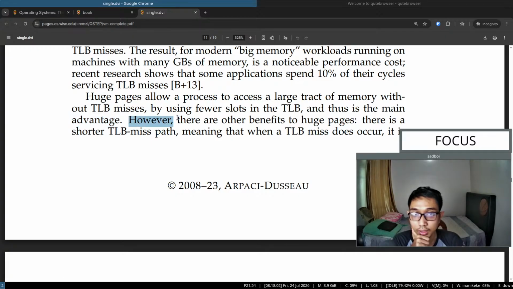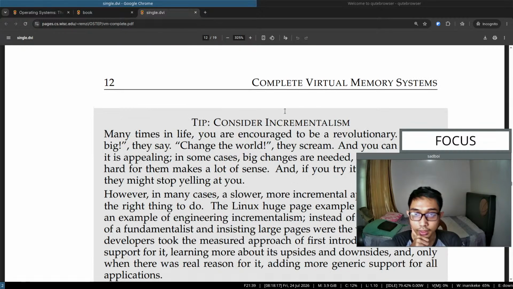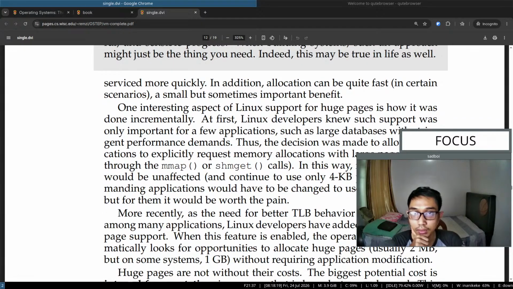However, there are other benefits too. With huge pages, there is a shorter TLB miss path, meaning that when a translation lookaside buffer miss does occur, it is serviced more quickly. In addition, allocation can be quite fast in certain scenarios, a small but sometimes important benefit.